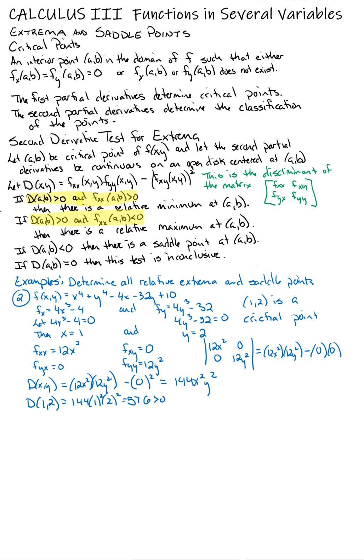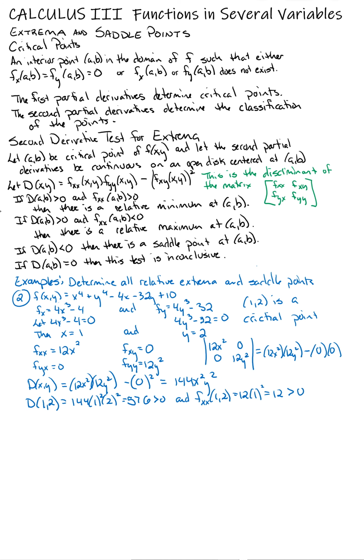Now we just have to see what happens for f sub xx evaluated at that critical point. So f sub xx evaluated at (1, 2) looks like it's 12, which is also greater than 0.